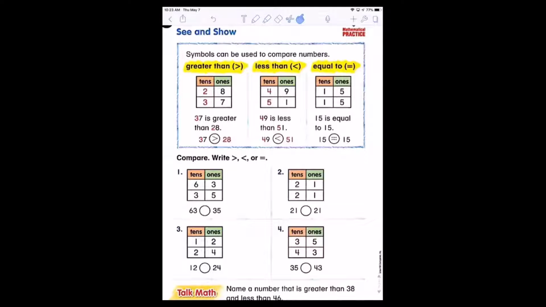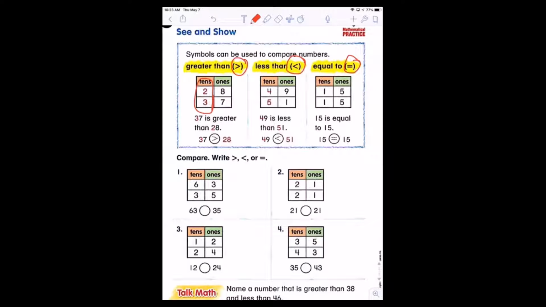It can be used to compare numbers. Okay, so once again, for greater than, we use the symbol. For less than, we use the symbol. For equal to, we use this symbol. Okay, so right here it says 37 is greater than 28. And again, remember what we are looking at is the tens place when we compare the numbers.